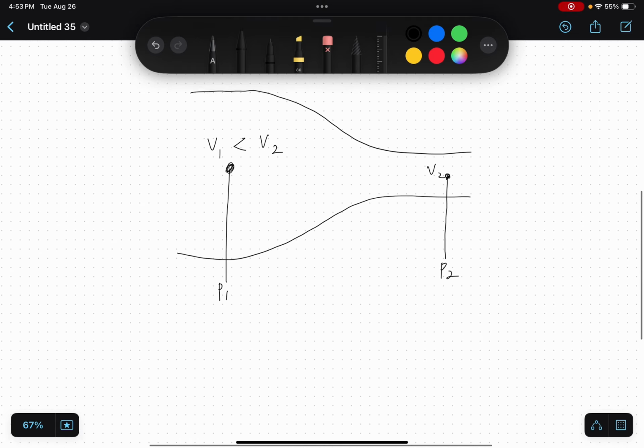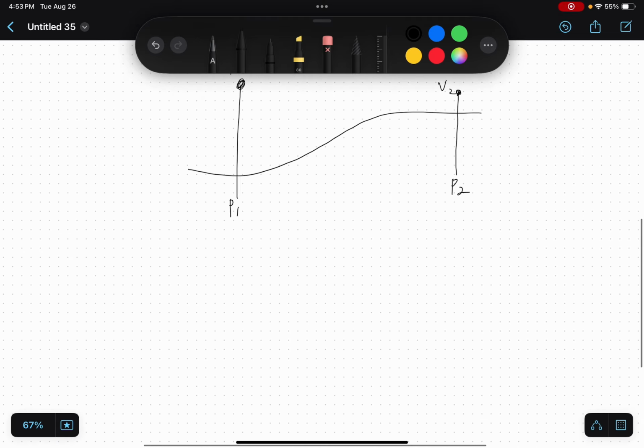But let's actually do the math. Okay, so I'm going to write out the Bernoulli.